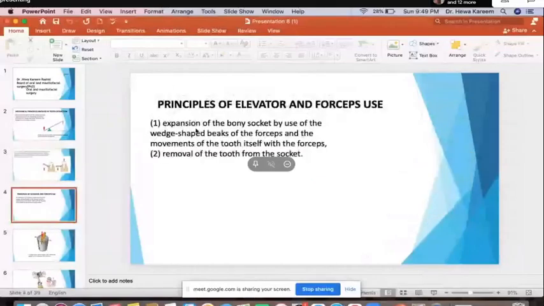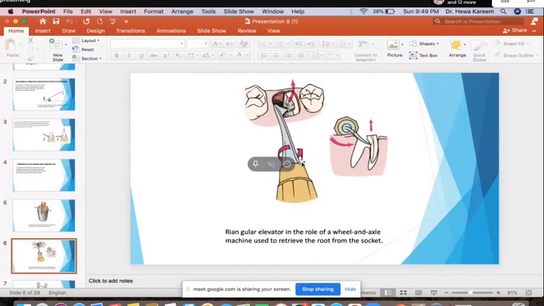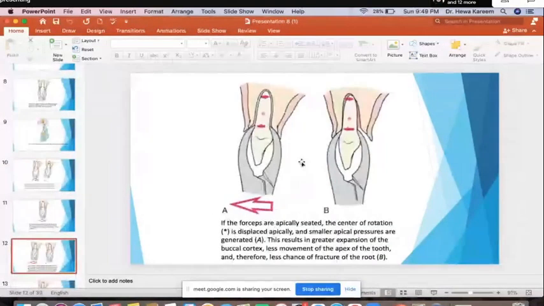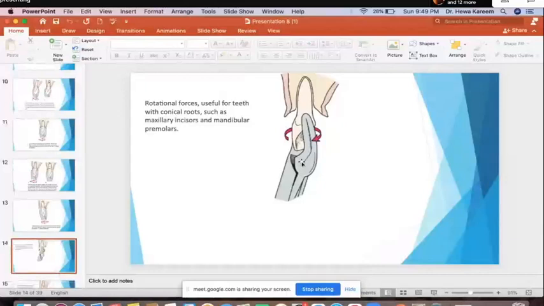This is the principle of elevator and forceps. First, expansion of the bony socket. Second, removal of the tooth from the socket. Rotational force is used for teeth with conical roots such as maxillary incisors and mandibular premolars.